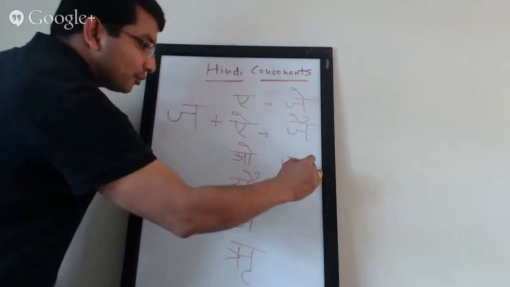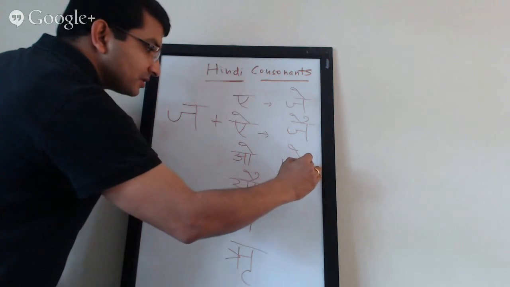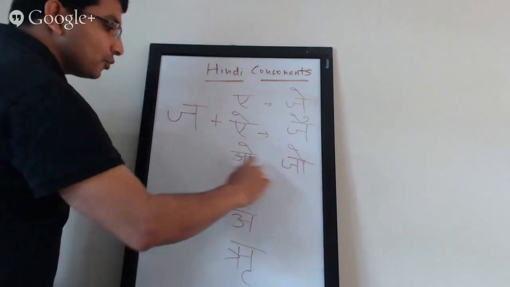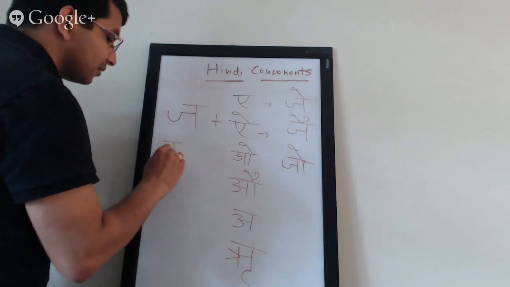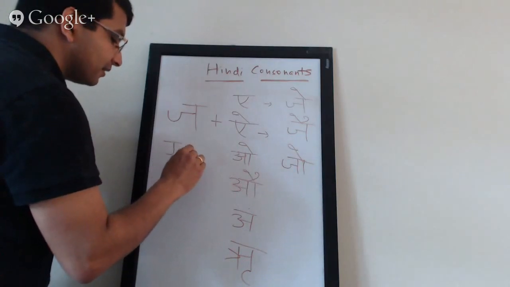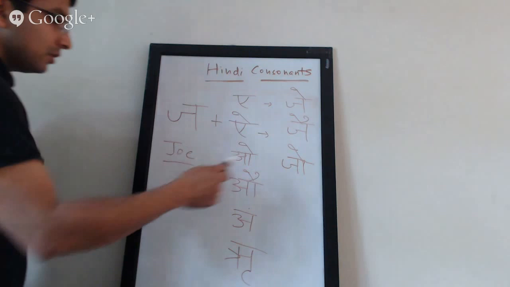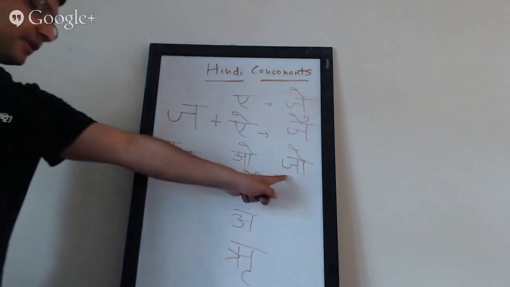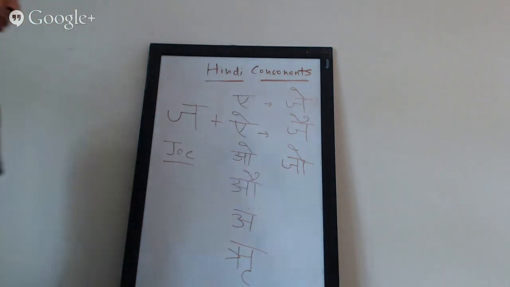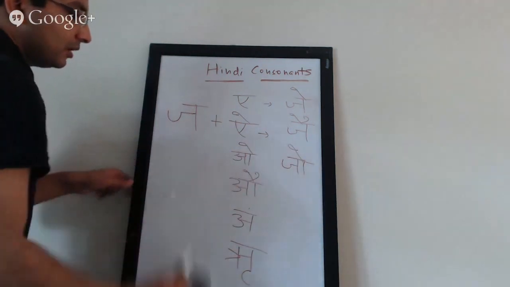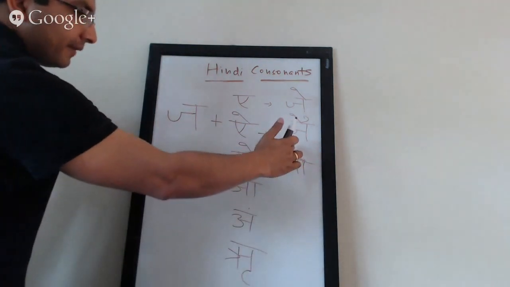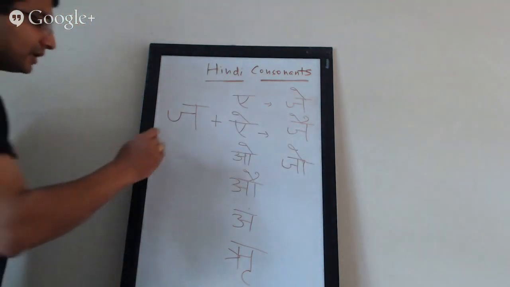So it's Joe. It's exactly the same as when you think of the name Joe, you literally write it like this: Joe would be J with a horizontal bar and then one mark on top of it.